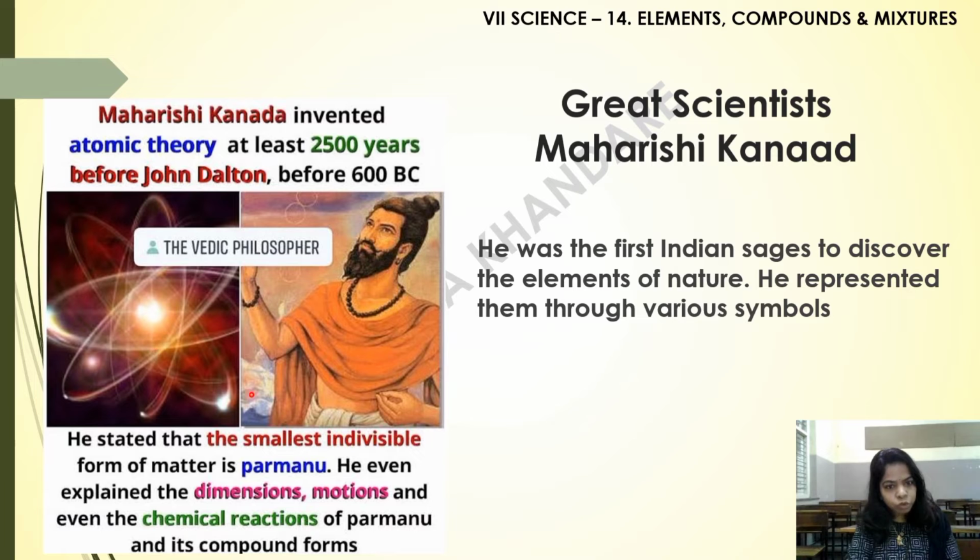So he actually discovered the atomic theory even before John Dalton, but we could not provide it in research papers, so his name doesn't come up so often. He stated that the smallest indivisible form of matter is Parmanu. He even explained the dimensions, motions, and even the chemical reactions of Parmanu and its compound forms. He gave a lot of details about all of this.